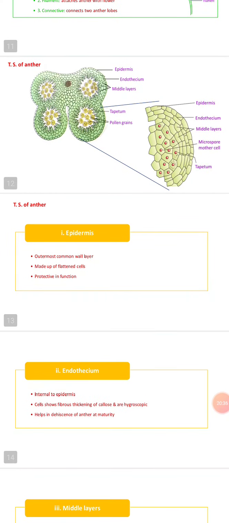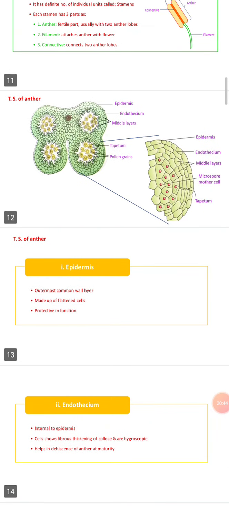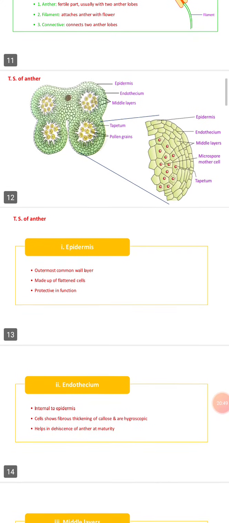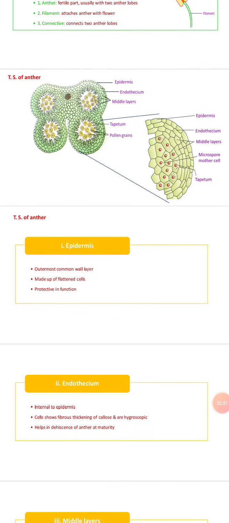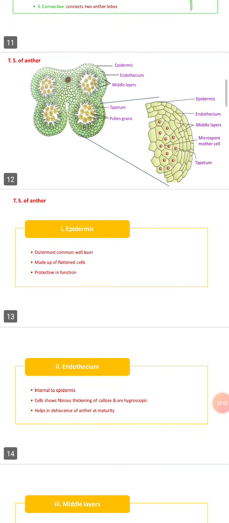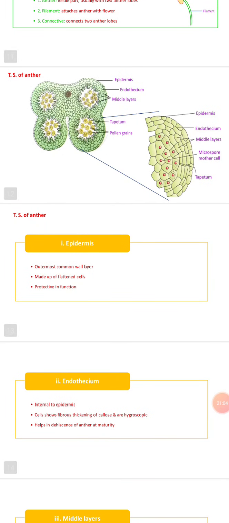The tapetum wall layer gives all the nourishment required for the microsporogenesis process. Basically, at that particular region the MMC cells, the microspore mother cells, are present. They require certain nourishment to produce the microspore or pollen grain, and they are nourished with the help of the tapetum wall layer. In this way, the different wall layers are present.